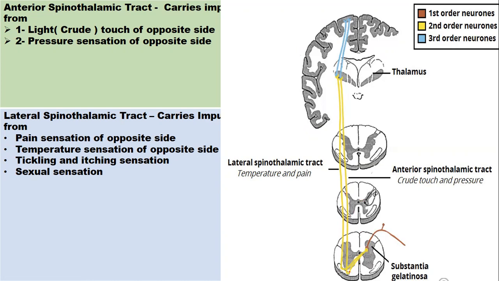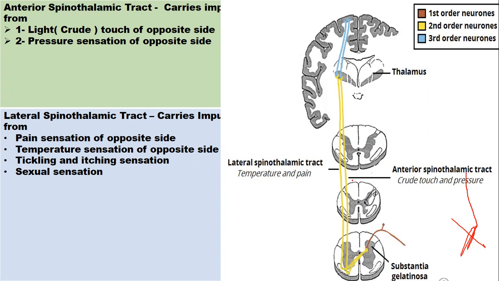Crossing over takes place, and the second order neuron crosses the midline, goes to the opposite side, and ascends as the spinothalamic tract. One more thing you need to remember: if it goes through the anterior column, it is known as the anterior spinothalamic tract, and when it goes through the lateral column, we call it the lateral spinothalamic tract.